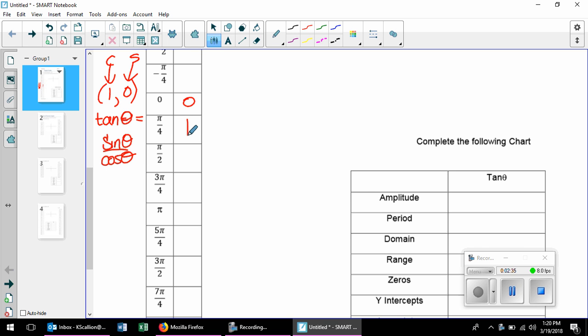At pi over 2, the coordinate pair is 0 and 1 now. What happens there? This is your undefined. Three pi over 4. Try again. Negative 1. It would be super helpful if you worked on these notes while we're going over the lessons. Now get yourself organized.